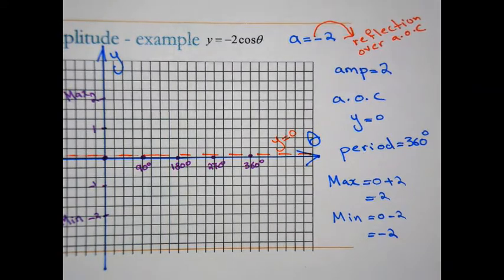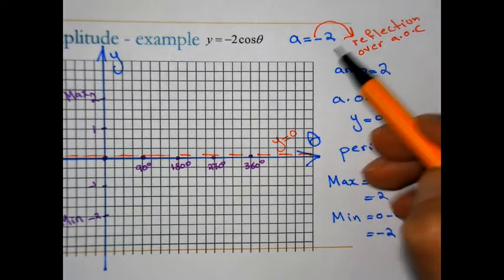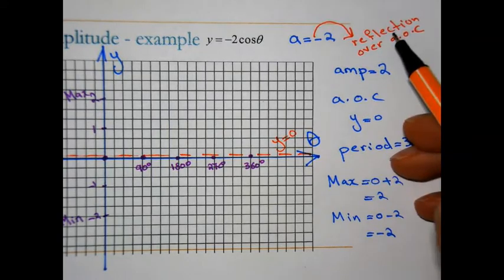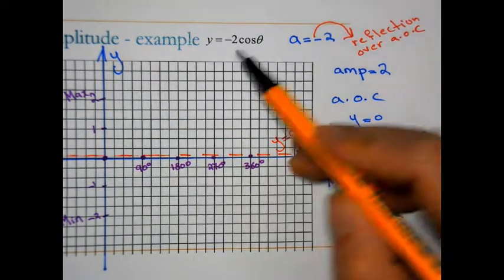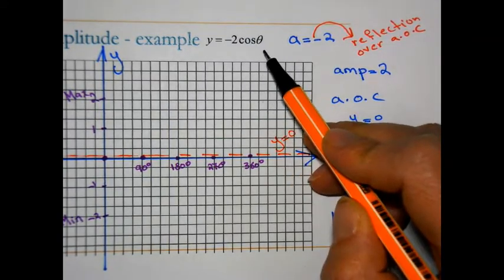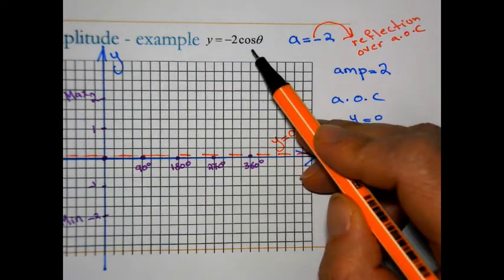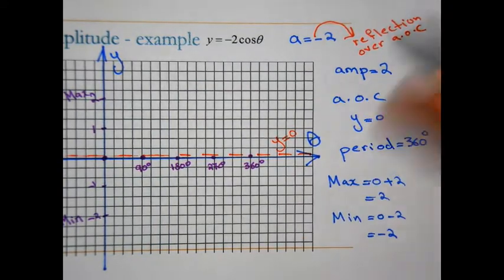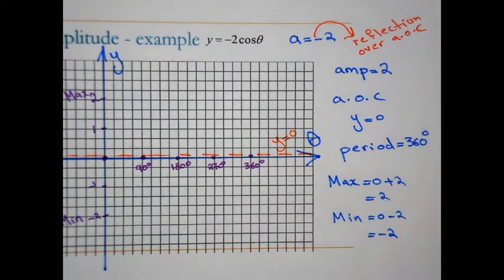Now the key point here is that because we have to do a reflection, we first will do the 2 cosine theta, because we know what's the cosine pattern, and that has to be reflected. So I do the first one in dotted lines.